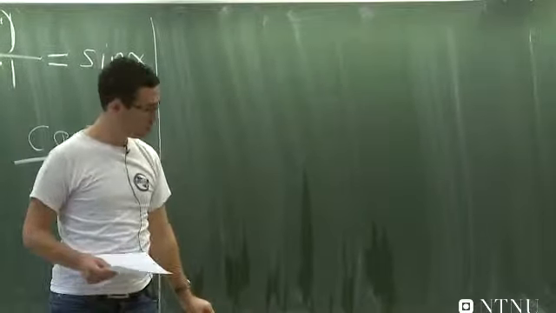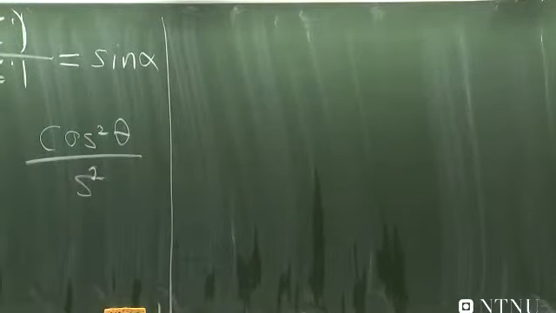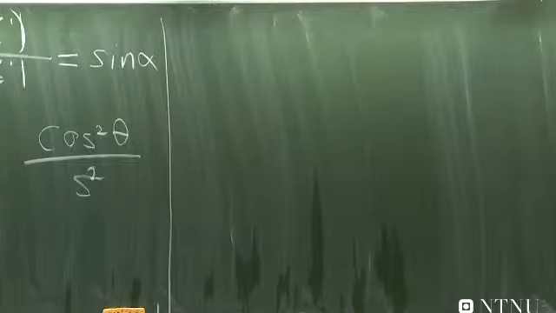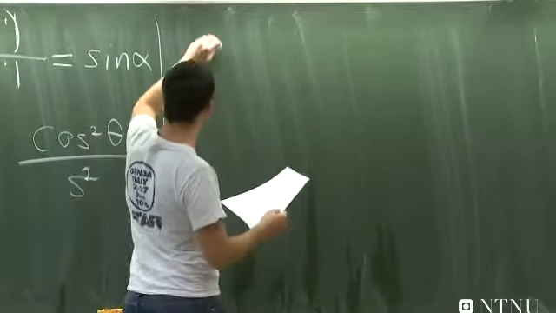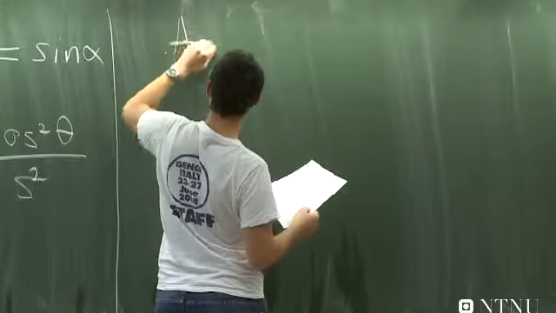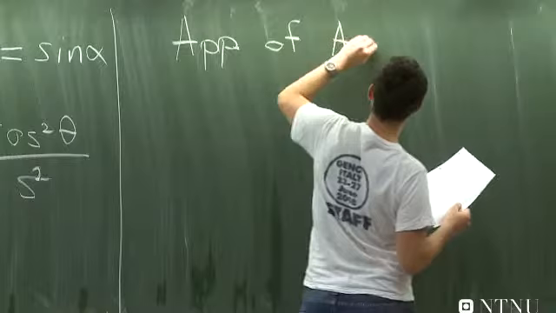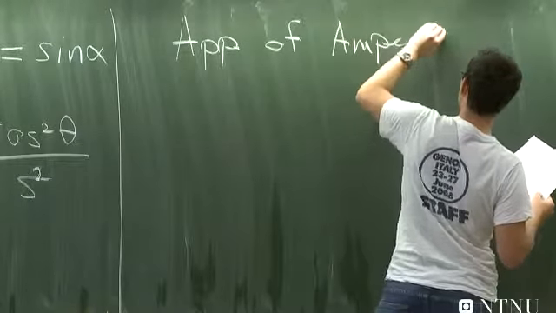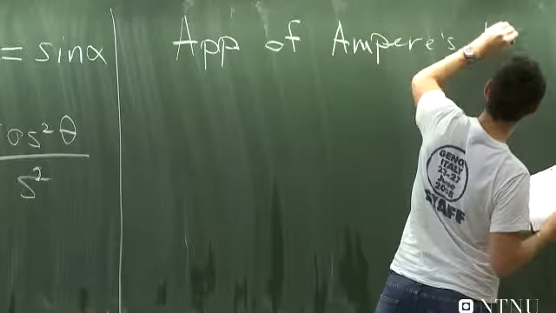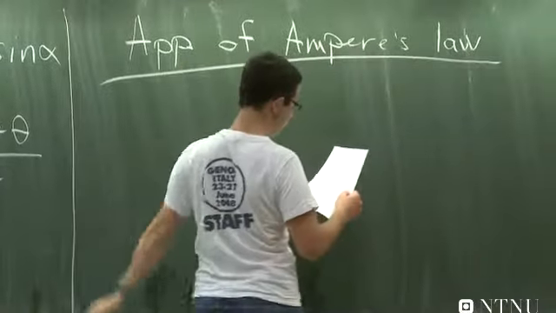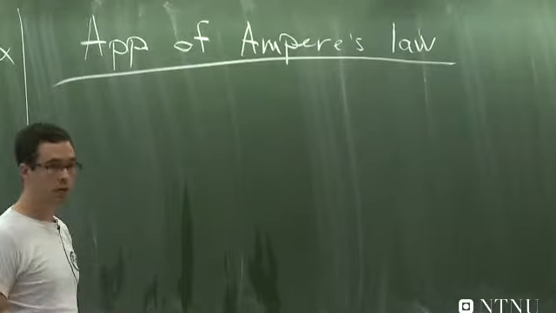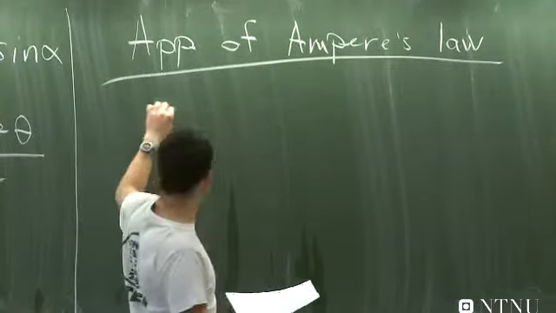Now we're going to look at a small application of Ampere's law, which is standard in all the textbooks, so it's not very exciting, but we have to do it. Ampere's law looks like this in the magnetostatic regime.